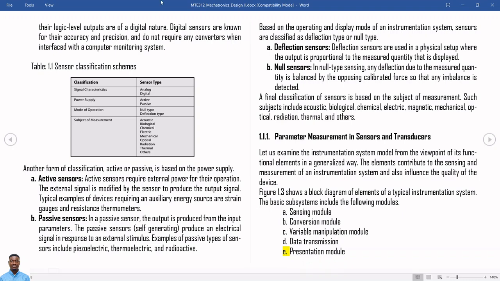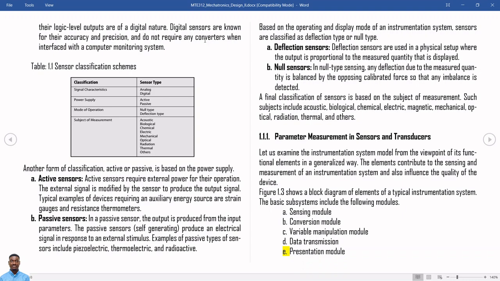So digital sensors are known for their accuracy and precision. They are more accurate and more precise compared to your analog sensors, and they do not require any converter to interface them with a computer monitoring system.